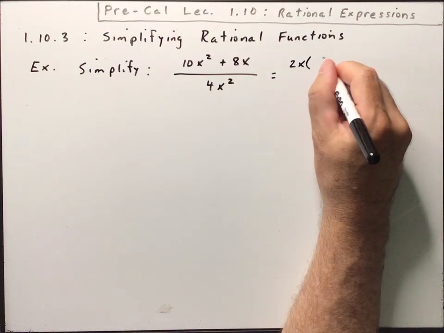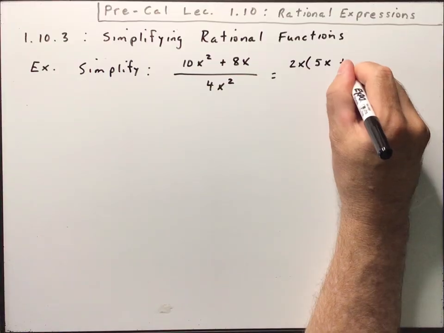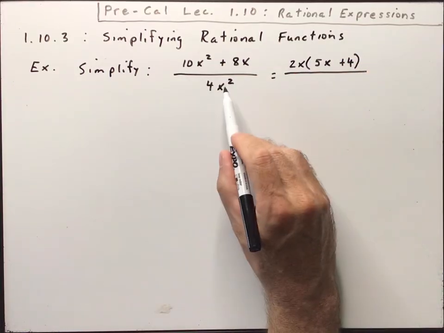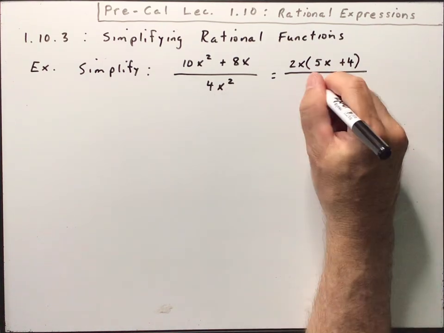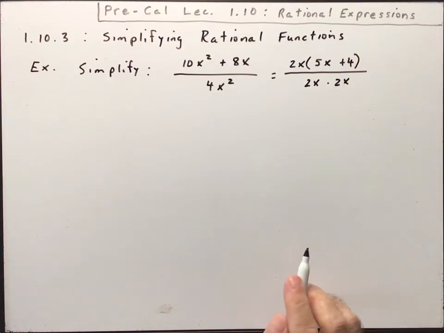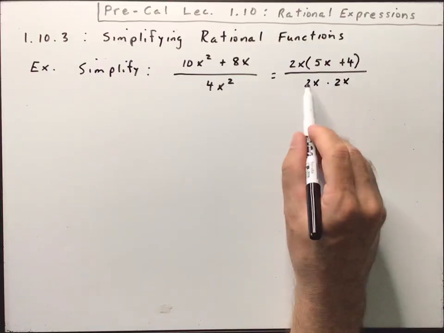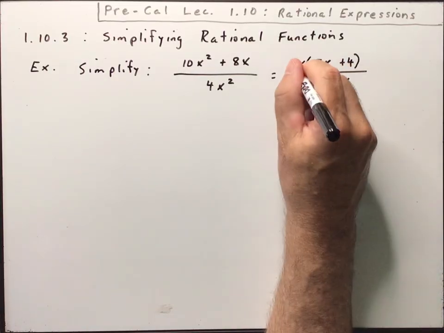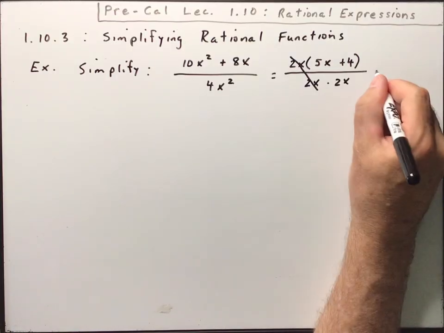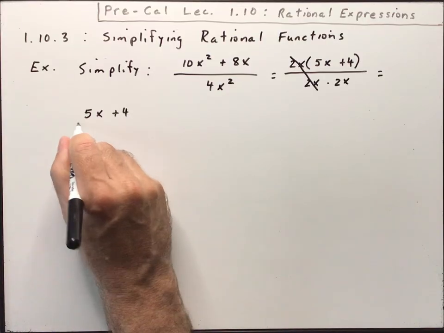And we would be left with 5x plus 4. Distribute to check. Now the bottom, 4x squared, you could actually rewrite this as 2x times 2x. That would be a useful way to write it. Or you could just leave it as 4x squared. But I just wanted to show you that if you wrote it this way, it really helps you figure out what will cancel out. And you're left with the simplified version is 5x plus 4 over 2x.